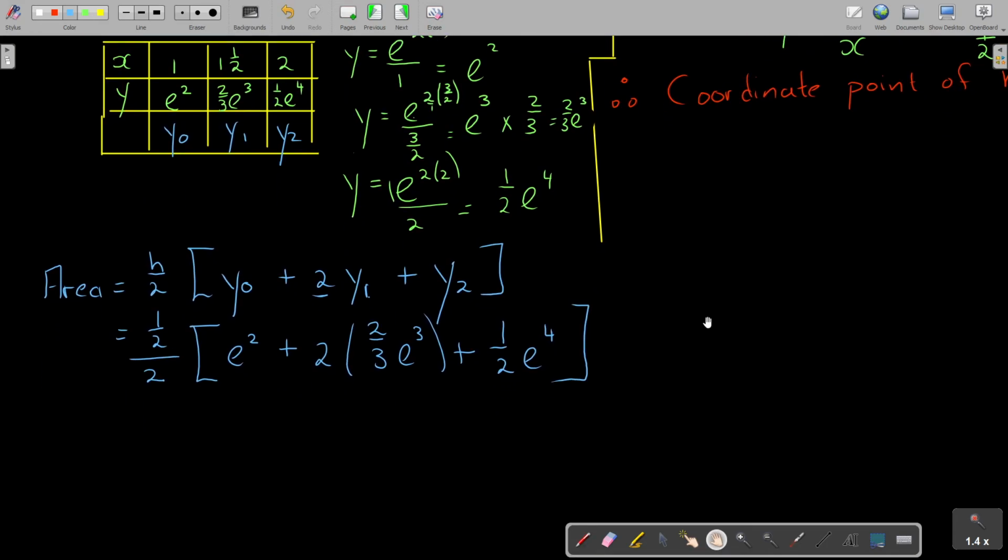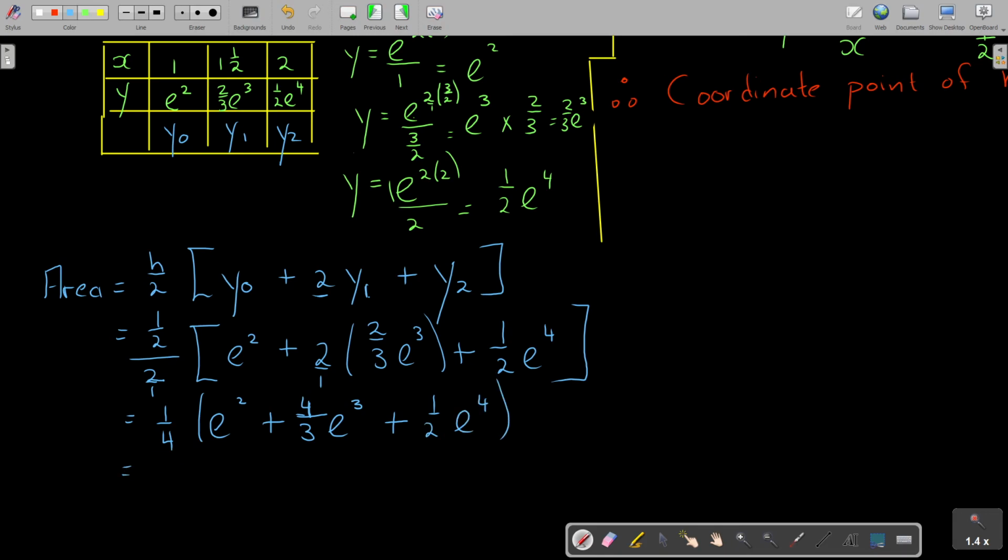Okay, you can now simplify it a little bit more. So as soon as you say, you're going to multiply by the reciprocal, so it's a quarter, then it's e to the power of 2 over 1, so it's 4 over 3 e to the power of 3 plus a half e to the power of 4.